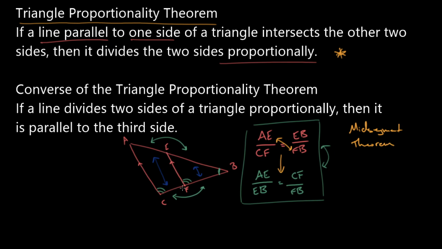Whenever this side here connects two midpoints, so if E and F were midpoints of these two sides of the triangle, I would divide AB and CB in half, and what I would have would be two similar triangles, one just half the size, or 1/2 scale factor, of the other one. Now we're just broadening this to more cases, more ratios. Okay, so that's the triangle proportionality theorem and its converse.